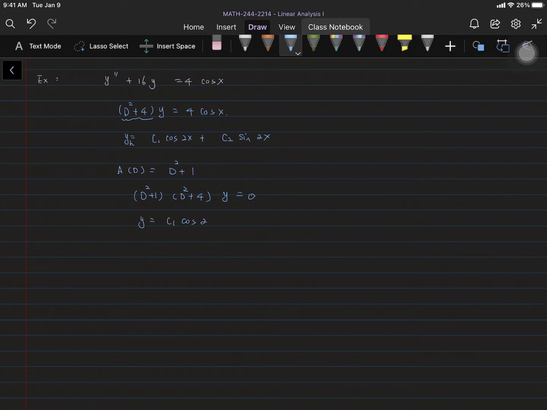C1 cosine 2x, C2 sine 2x. Okay, and then going to be particular solution. You can do A and B. If you like A and B, that's okay. A cosine x plus B sine x. And this is our YP, right? So let's write down our YP.